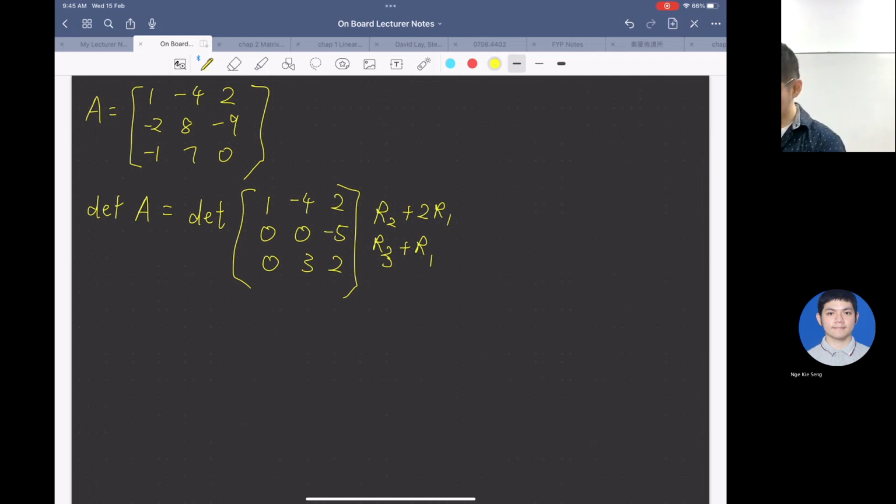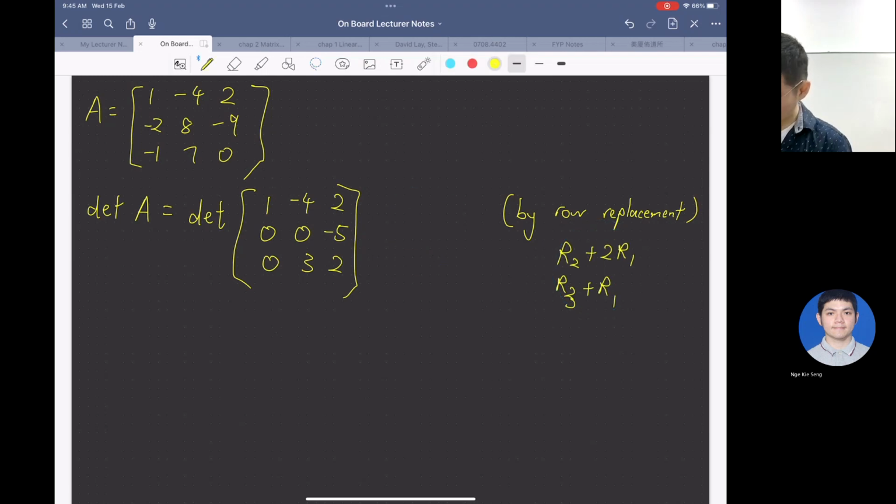Why are they the same? By row replacement. Row replacement doesn't change the determinant, right? So the determinant is the same as this one. You can see that it's almost triangular already. How to make this triangular? These two swap.